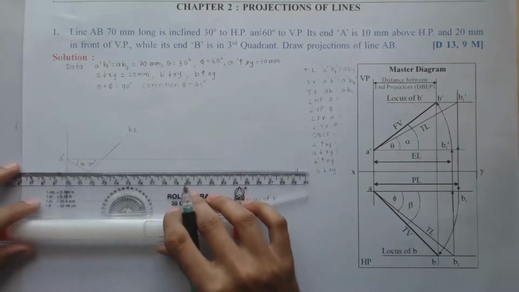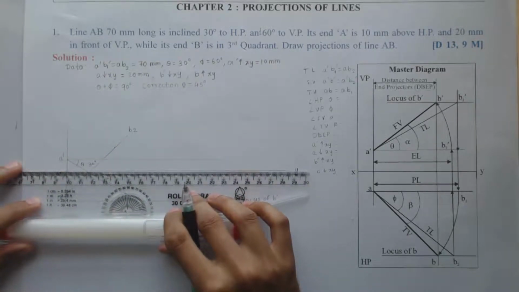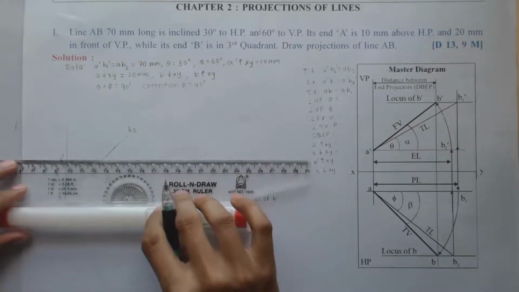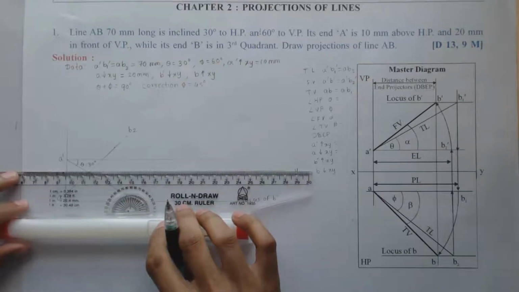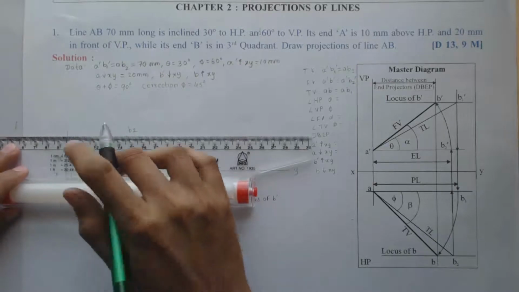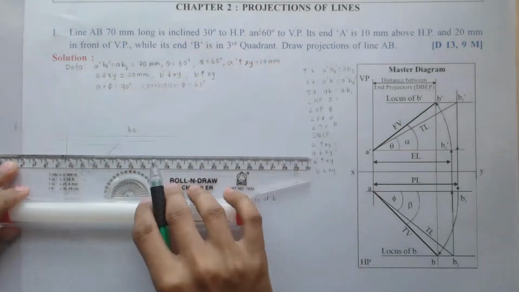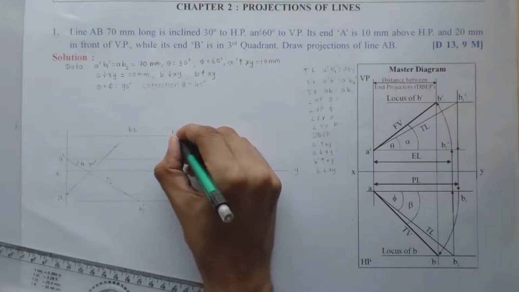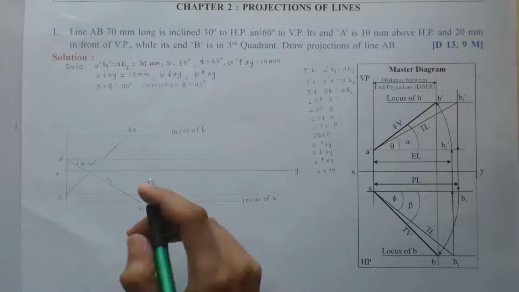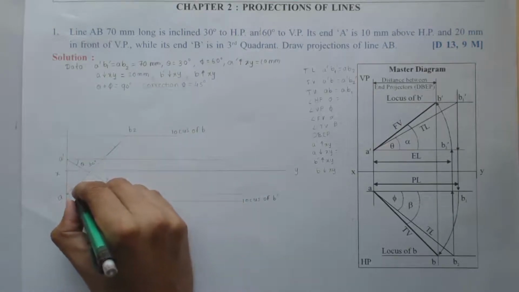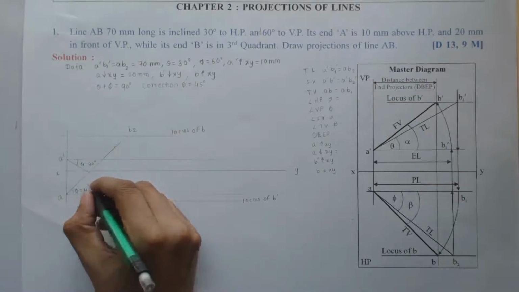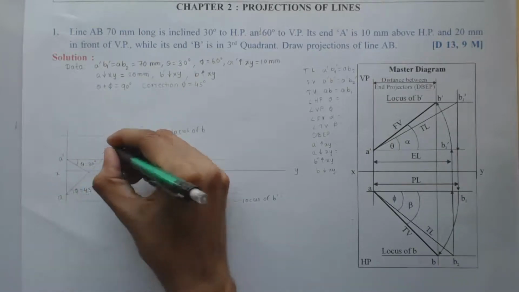Now I can draw a horizontal line passing through B2 to mark the locus of B. So from B2 I can draw a horizontal line which will give me locus of B. Okay, now we have marked true inclination in top view, which is 45 degree, and true length, which is 70 mm.